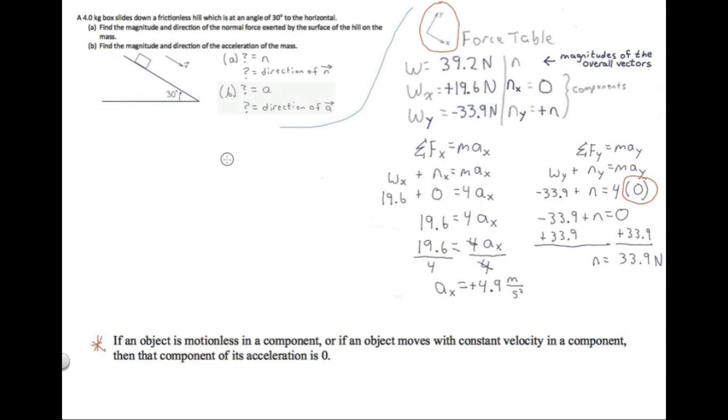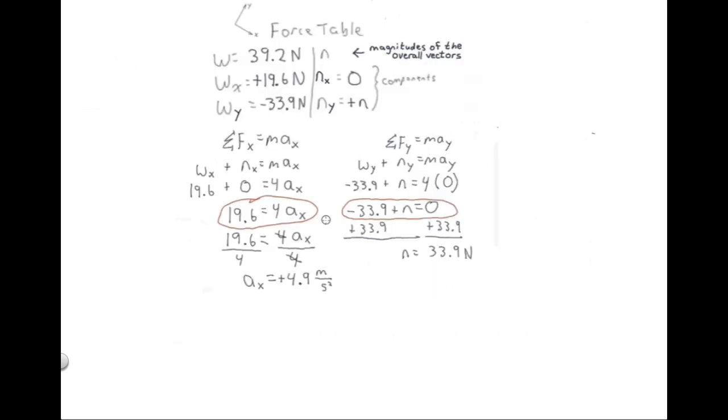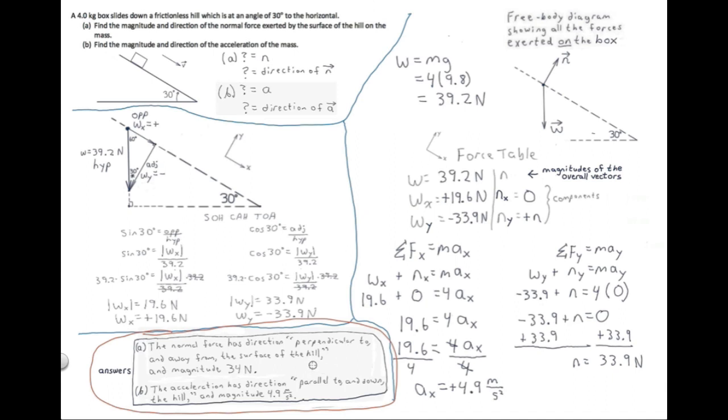So, if we had chosen horizontal and vertical axes, the problem would have been substantially more difficult to solve. Both of the equations now have only one unknown, so it's not difficult to solve each of these equations for the unknown in that equation. Now, we can answer the question.